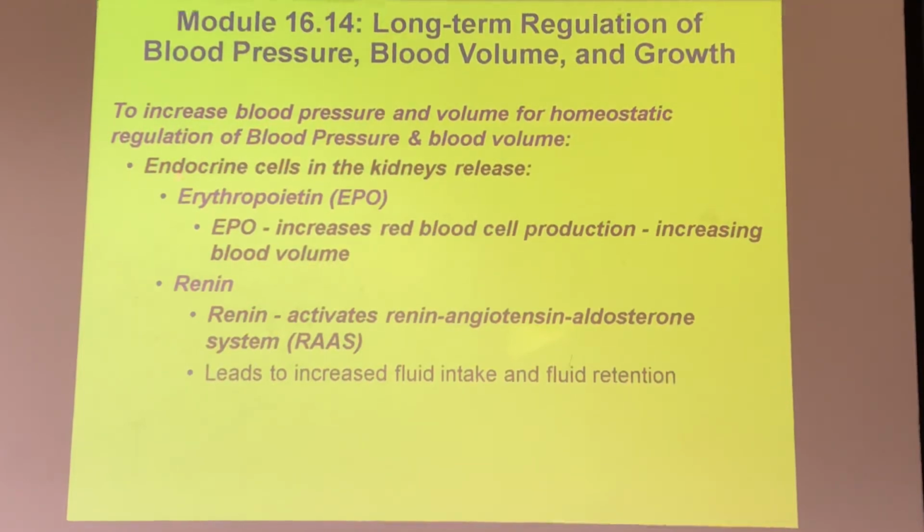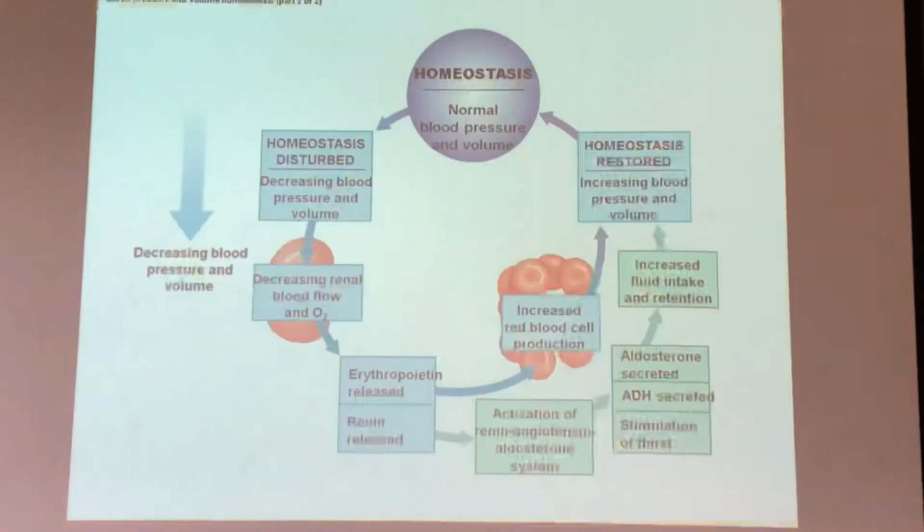So then what happens, endocrine cells in the kidney release this enzyme called erythropoietin or EPO, which increases blood cell production, and renin, which activates the renin-angiotensin-aldosterone system. So these are two systems, they work to increase the blood pressure.